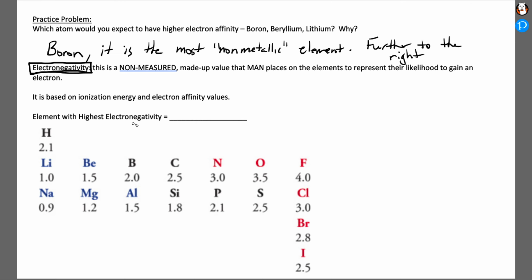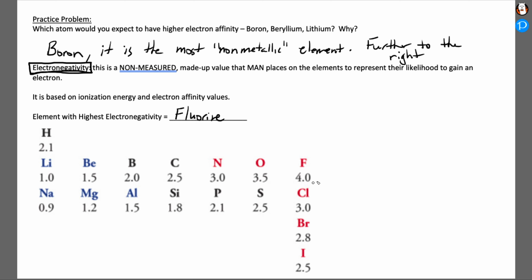The element with the highest electronegativity is going to be fluorine. That is the most electronegative element on the periodic table because it's small. It's one of the smallest ones here, and so it only has 2 energy levels, and so its nucleus is really close to those valence electrons, and it's got the most protons out of this row here, so it's got a lot of pulling power.